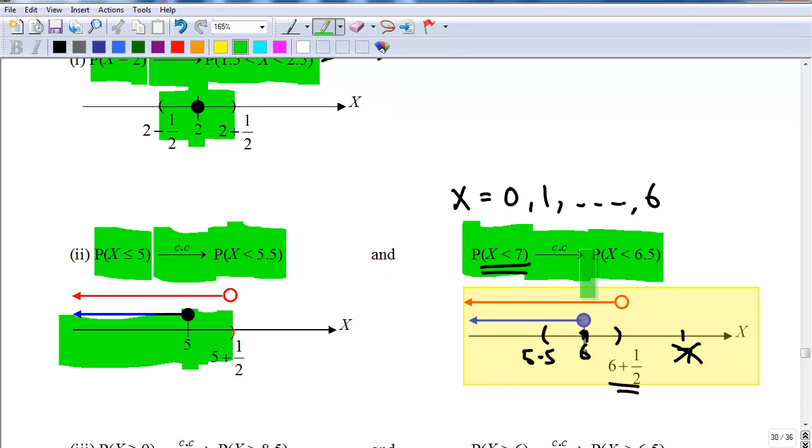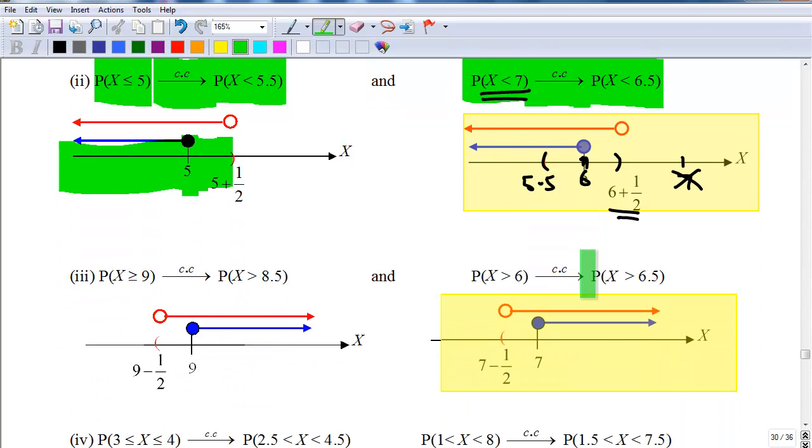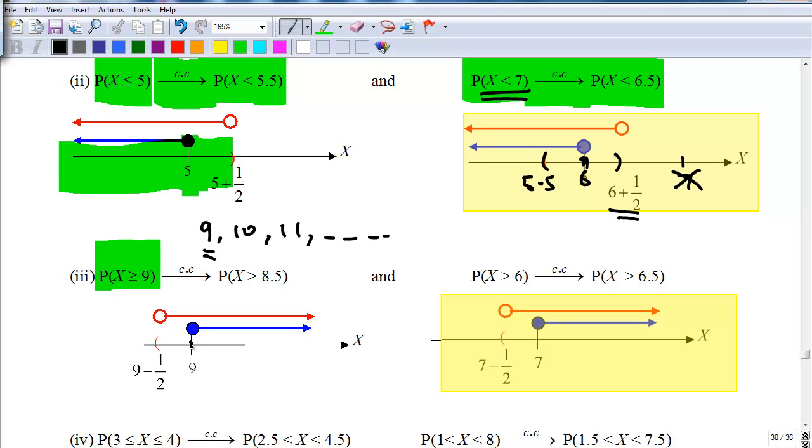Now we look at more examples. Let's say I'm interested in probability x bigger than or equal to 9. Then I ask myself, what are the numbers that I want to consider here? I want to consider 9, 10, 11, and so on. So I will look for the number 9. The number 9 on the number line is here. What are the numbers that when corrected to the nearest whole number will still be 9?